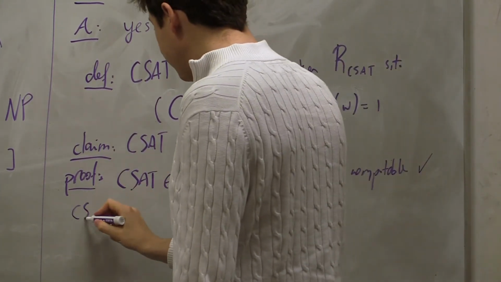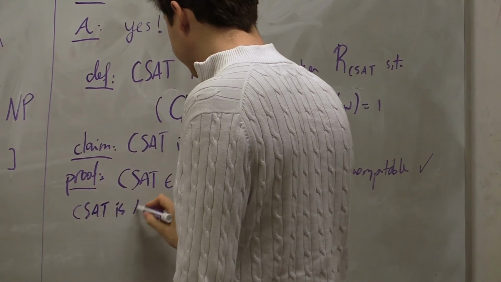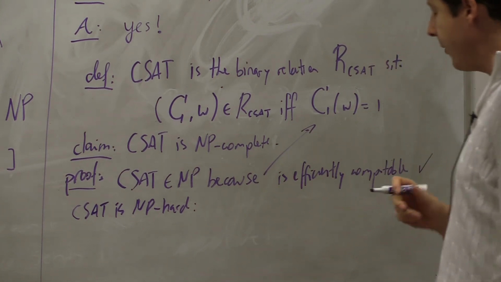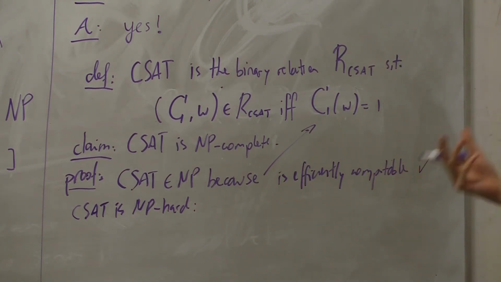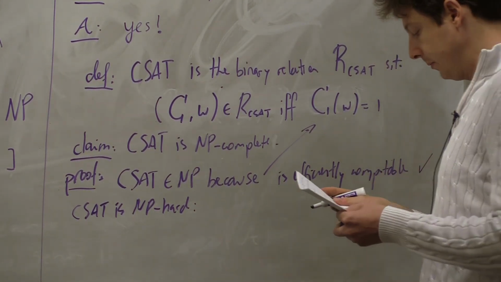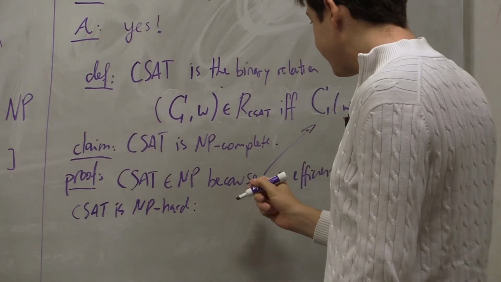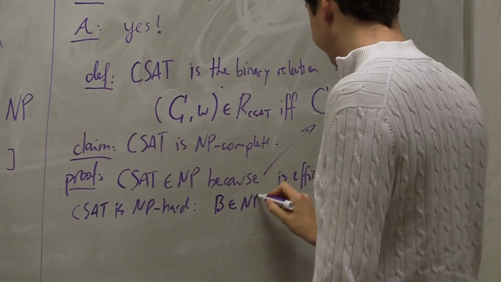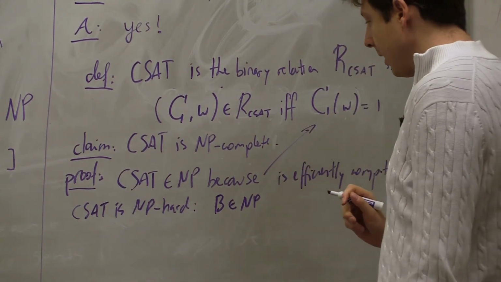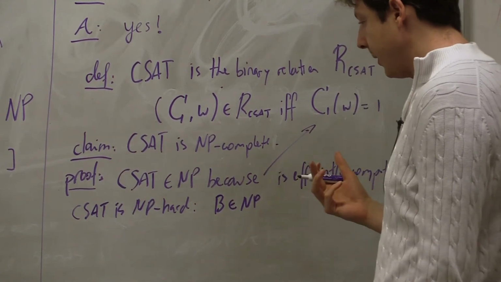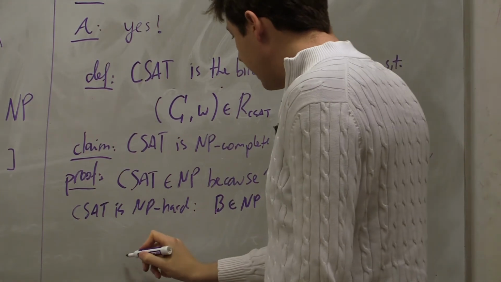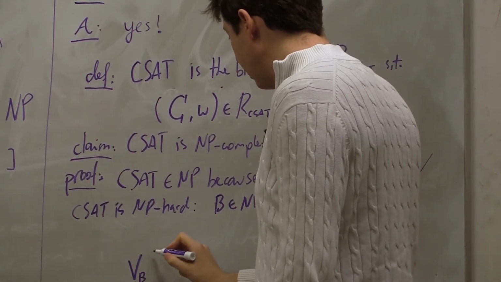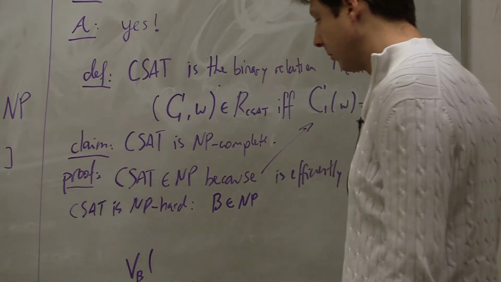But CSAT is also NP hard because everything in NP can be reduced to it. And how can we see that? Well, pick some problem B in NP. Because it's in NP, the relation of B will have a verifier, right?